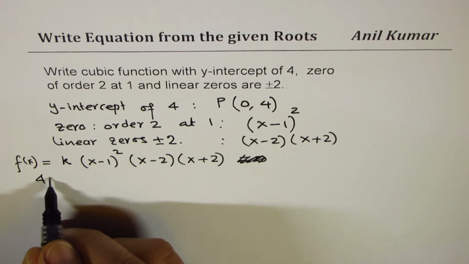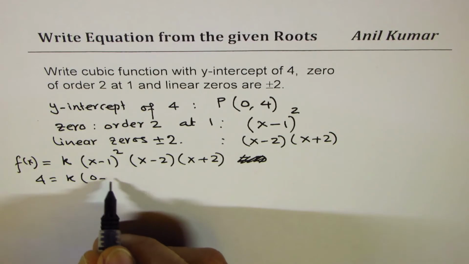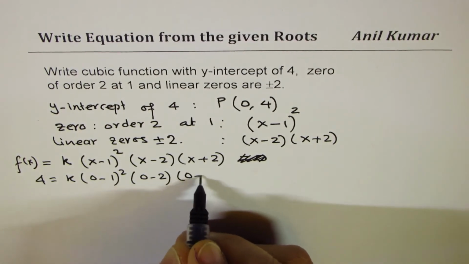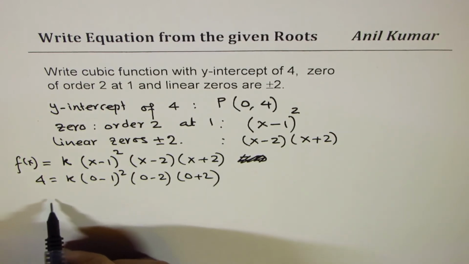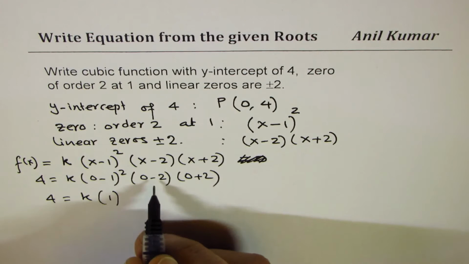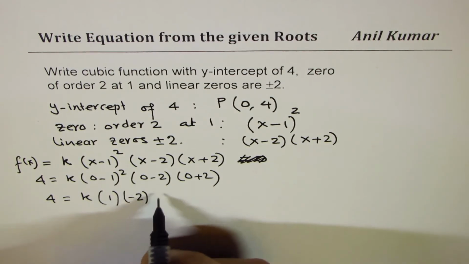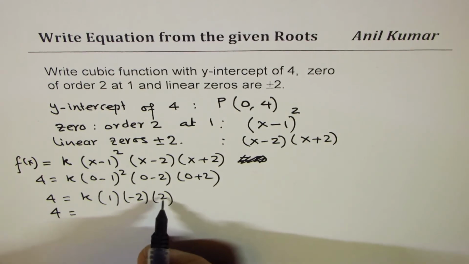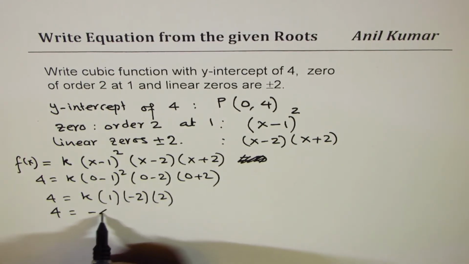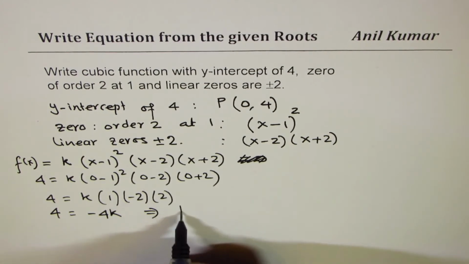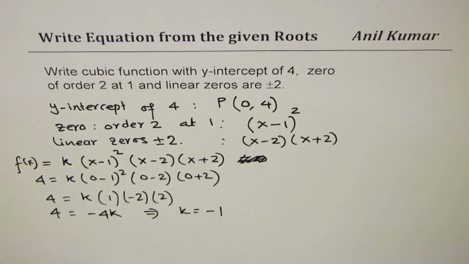So we get 4 equals k times 0 minus 1 whole square, 0 minus 2 times 0 plus 2. And that gives us 4 is equal to k times, that is plus 1. This is minus 2 times plus 2. Or 4 equals 2 times 2, 4, minus 4k. And that gives you the value of k as minus 1.